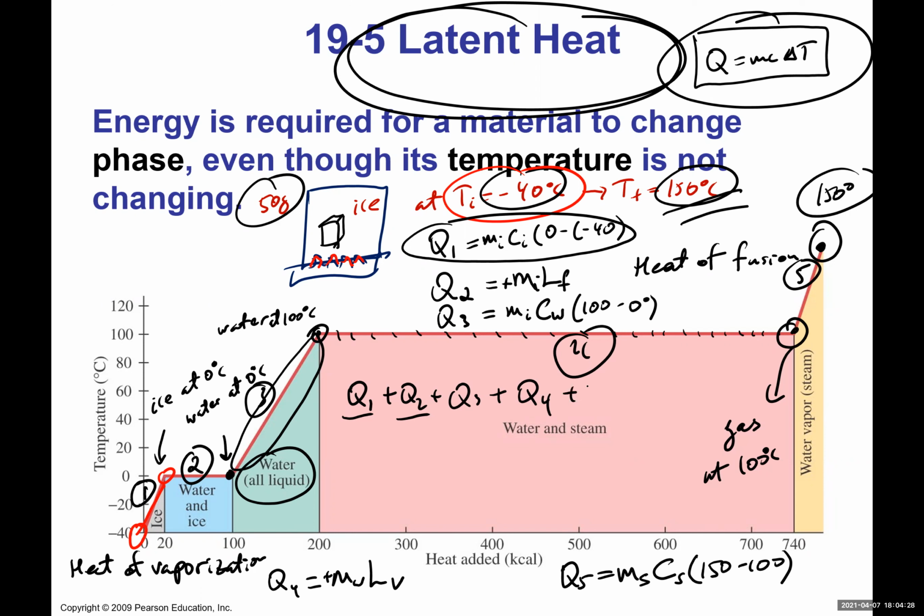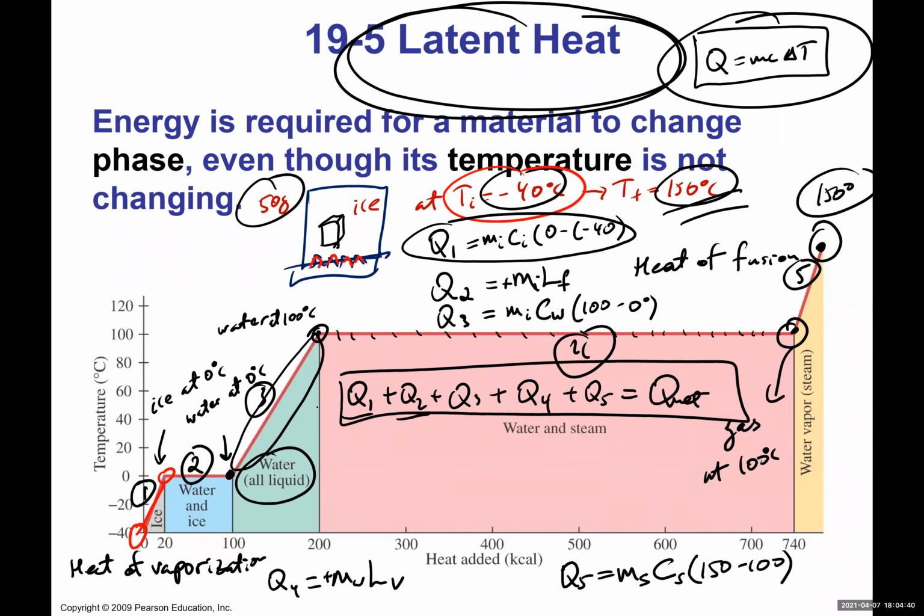And finally, we add energy to take the steam from 100 to 150. Summing all that gives you the net amount of energy. That's why you can't just use one equation to calculate from -40 to 150. It's a 5-stage process because there's a melting and a boiling between those two temperatures.